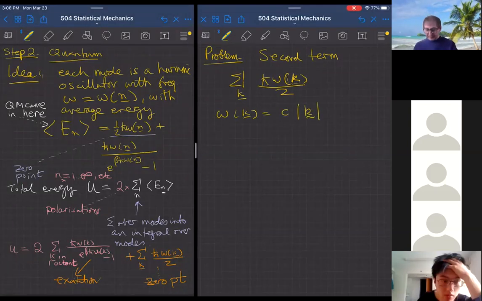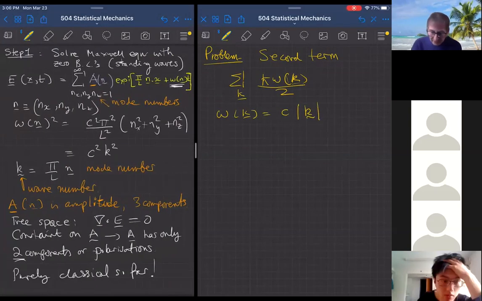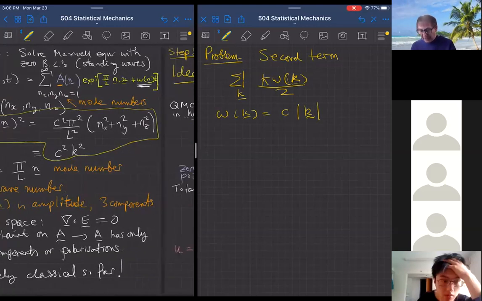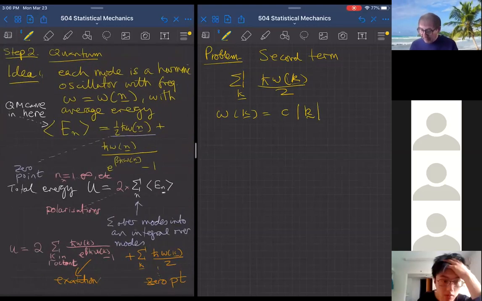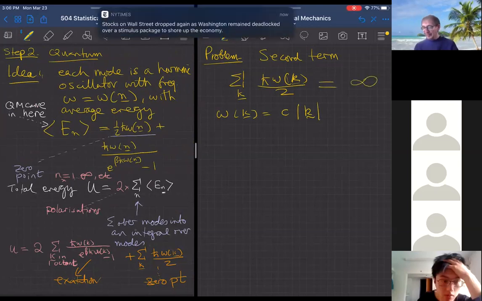And where does that come from? Well, that comes from this formula over here. Because of that, when we sum over k, k is a number that is basically infinity. So this thing over here is equal to infinity. So that's a big problem.